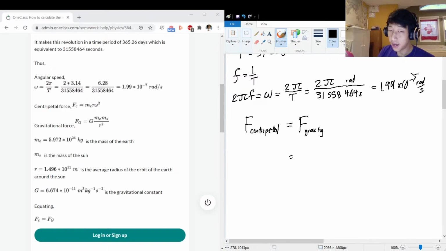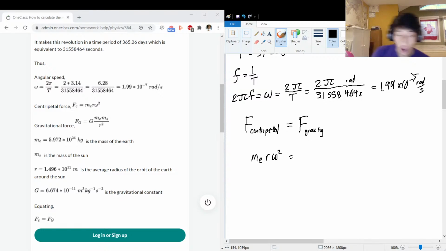We know that the centripetal force is equal to radius times omega squared times the mass of, in this case, the Earth. So whoever is doing the orbiting or circling, that is the m that you use for centripetal force.